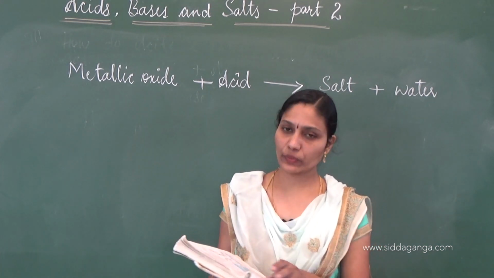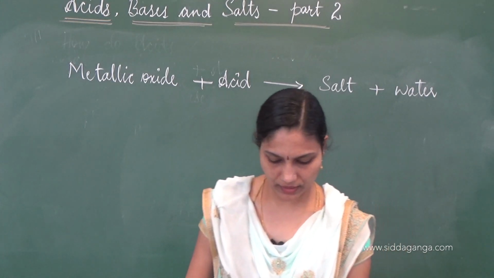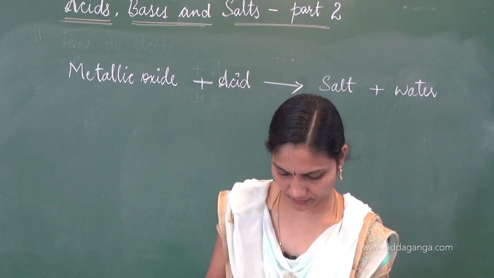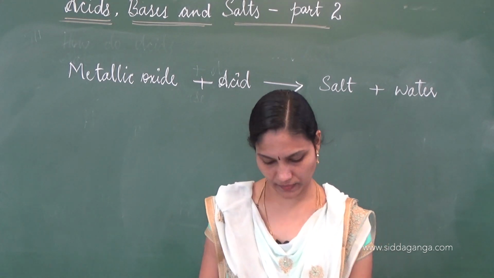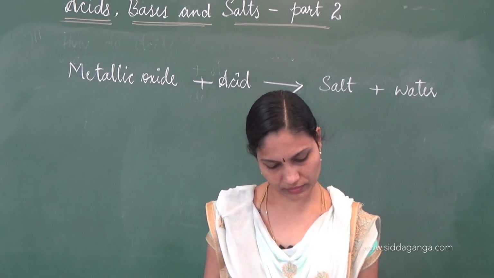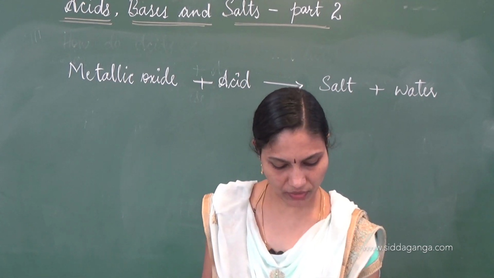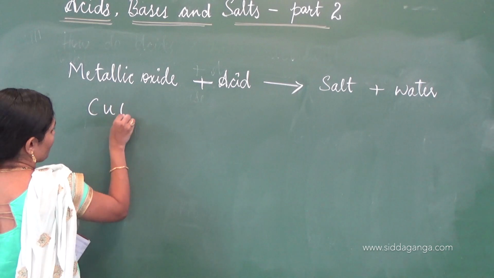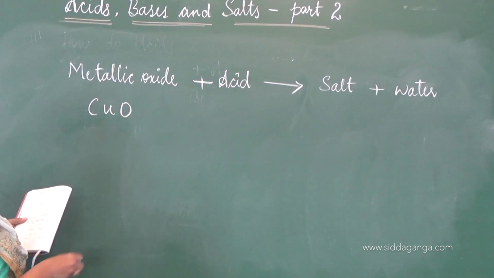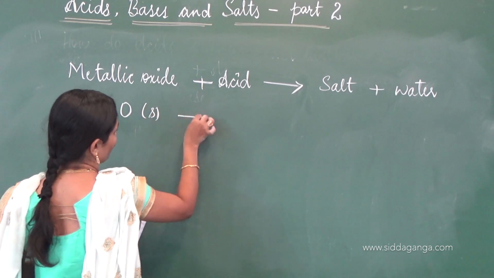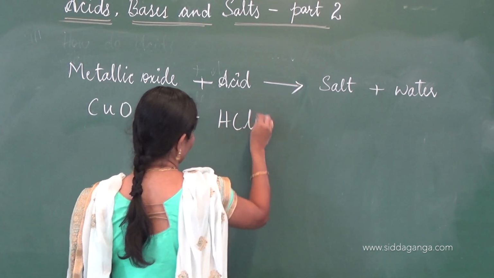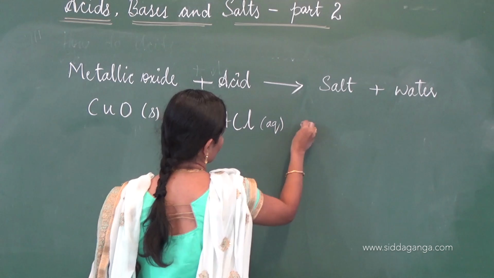We'll write an equation related to this. The equation goes like this. Okay, metallic oxide, CuO. What is CuO? Copper oxide in its solid form. We need to add some hydrochloric acid in its aqueous state to this.